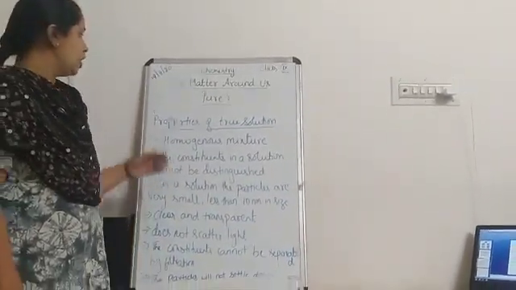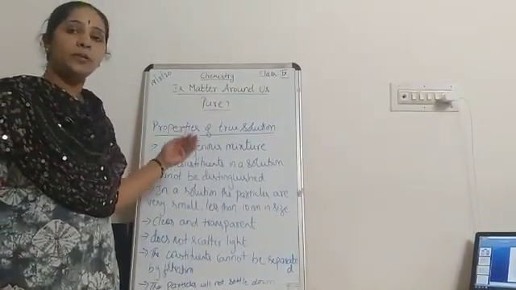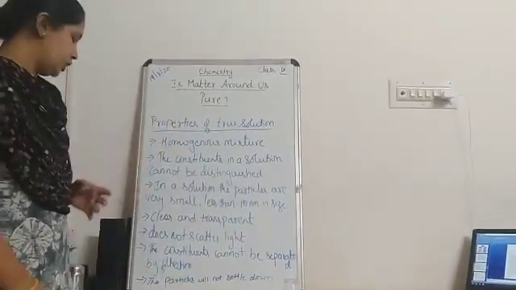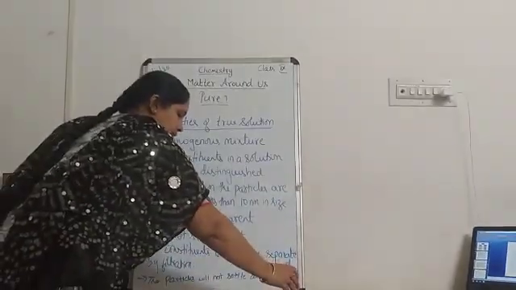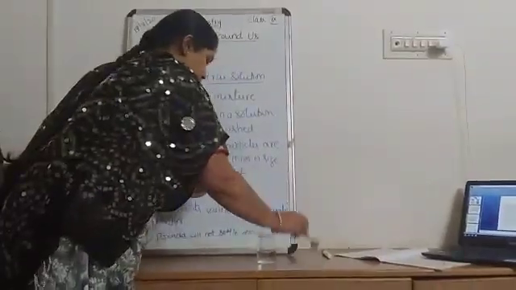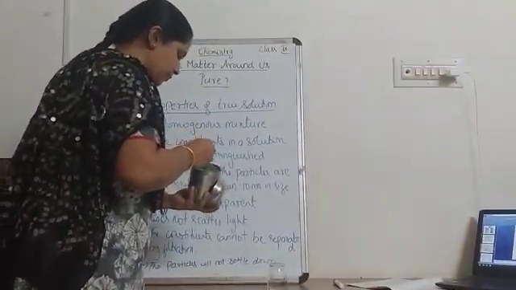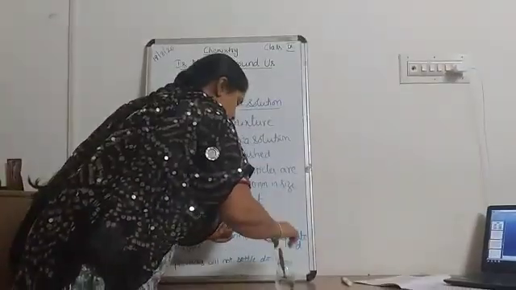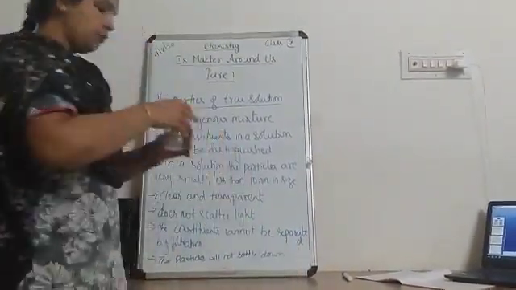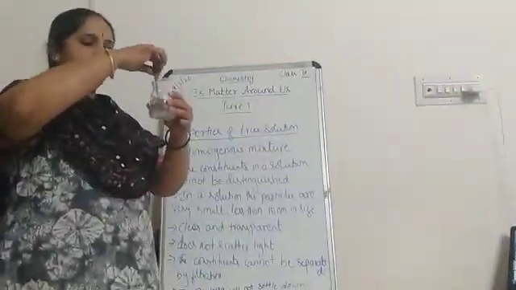Okay, children. Now let us learn about the properties of a true solution. For this I am going to prepare a sugar solution. I am going to take a beaker of water. To this I will be adding a little amount of sugar. Then I am going to dissolve the sugar in water by stirring.